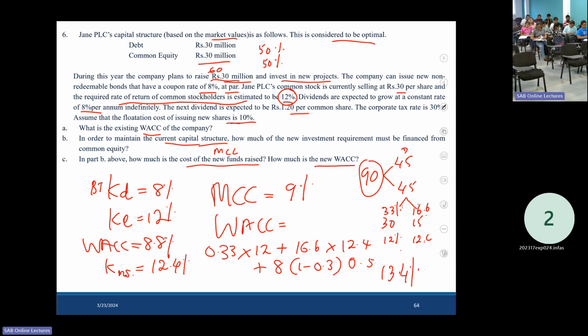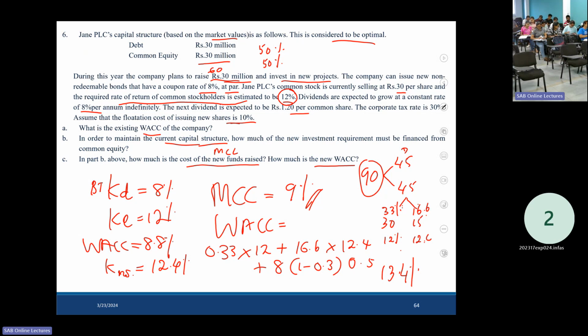Now you have raised this additional capital for the new project. So this project you should compare with this WACC. Then the additional capital you should raise is 15-30 million. The project needs proper evaluation.